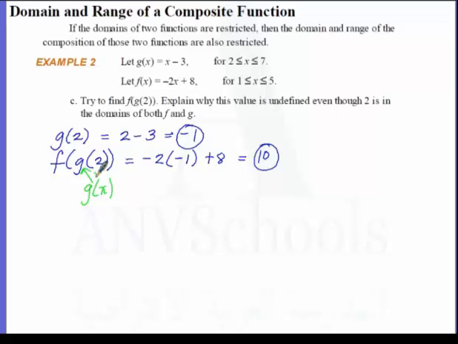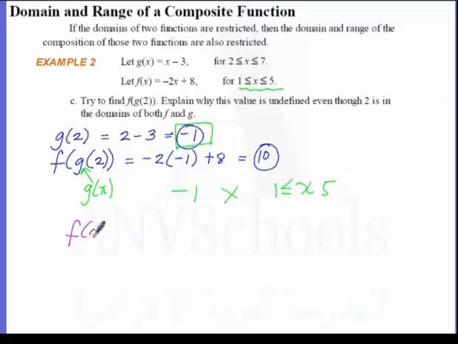So our domain for the f of g of x would now be for this part. And in this case, our g of 2 is -1. And -1 is not included in the domain restriction for f of x, which is only from 1 to 5. So this makes our f of g of 2 undefined.